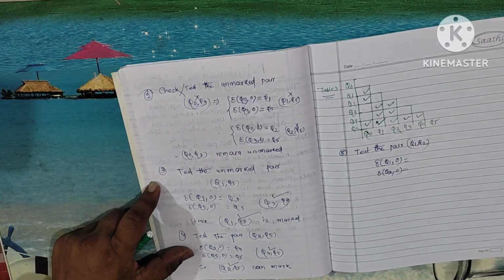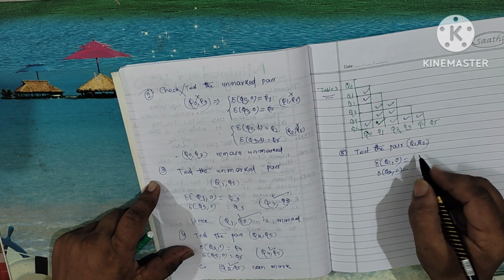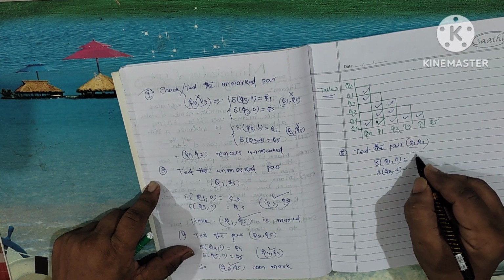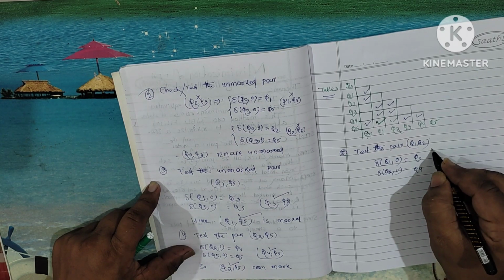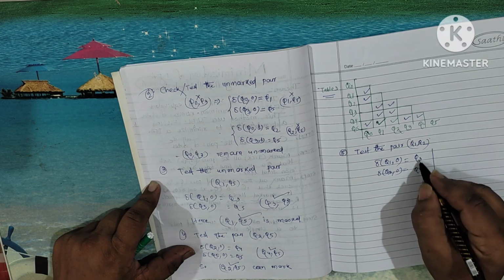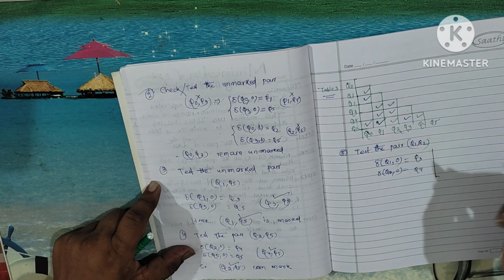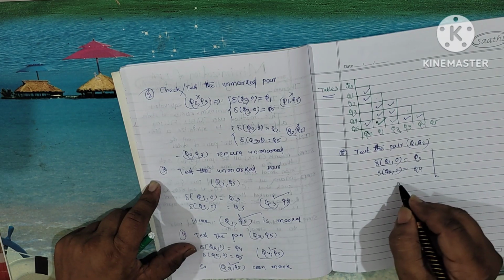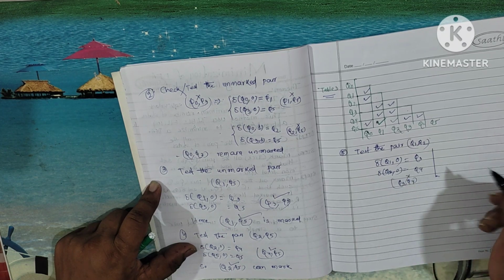So what we are getting here, Q1 on input 0 gives Q3, and this is Q4. So it is unmarked. Now Q3, Q4 is unmarked.